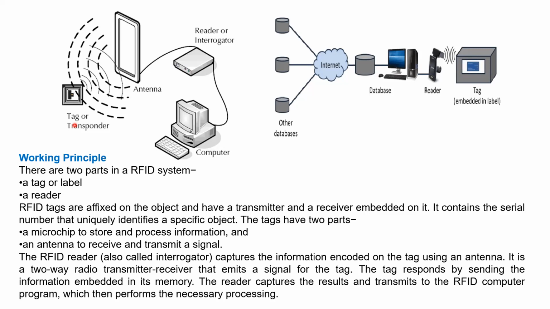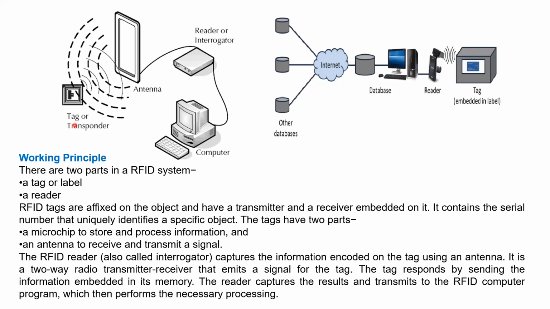So what an RFID reader does is capture the information which is in encoded form on the tag. It is a two-way radio transmitter receiver, capable of emitting a signal for the tag, and at the same time receiving the signal from the tag. So both things it is doing.